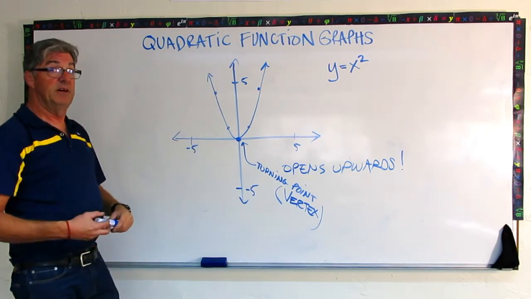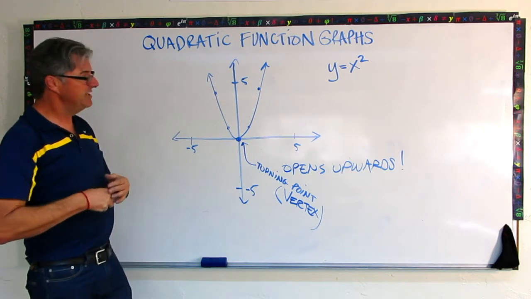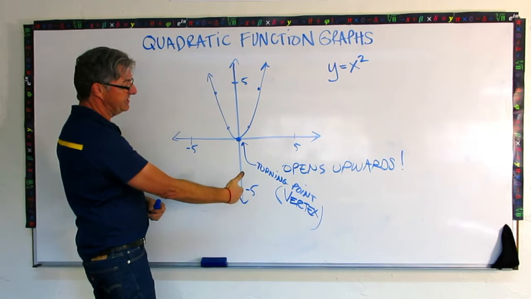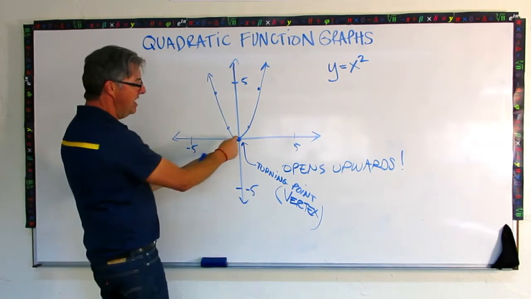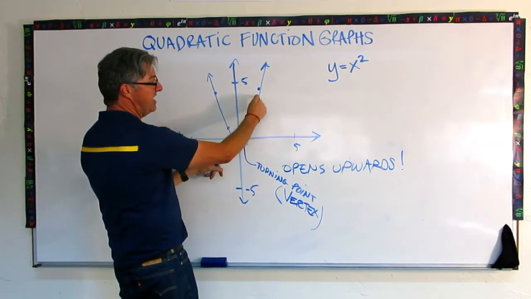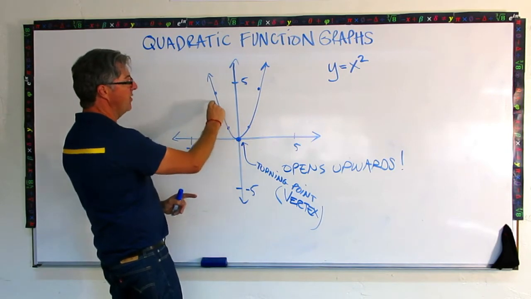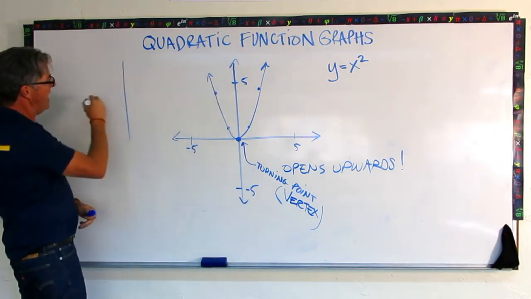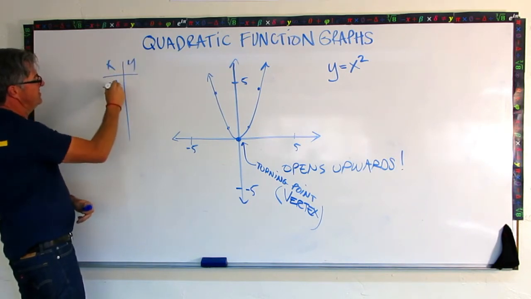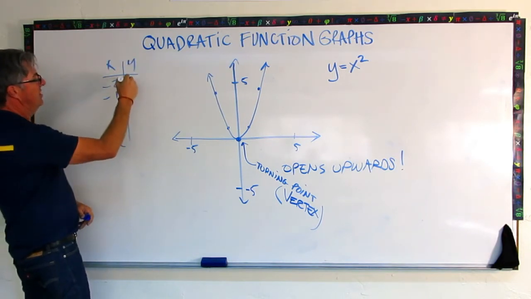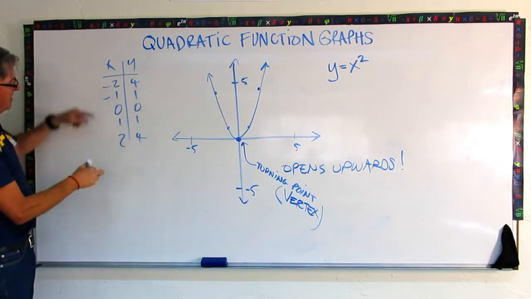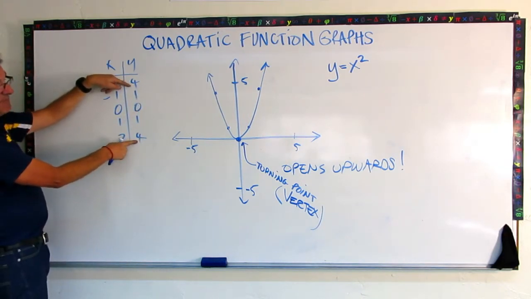Okay? The last thing I want to point out with this graph is that it's symmetrical around the y-axis. And what that means is that every point on this side has a corresponding point on that side. And you noticed that when we had our table of values, -2, -1, 0, 1, 2, 4, 1, 0, 1, 4, you can see that 2 and -2 have the same 4.